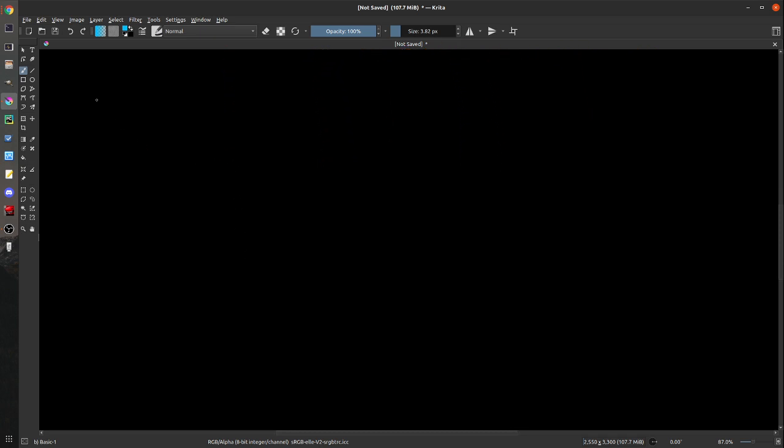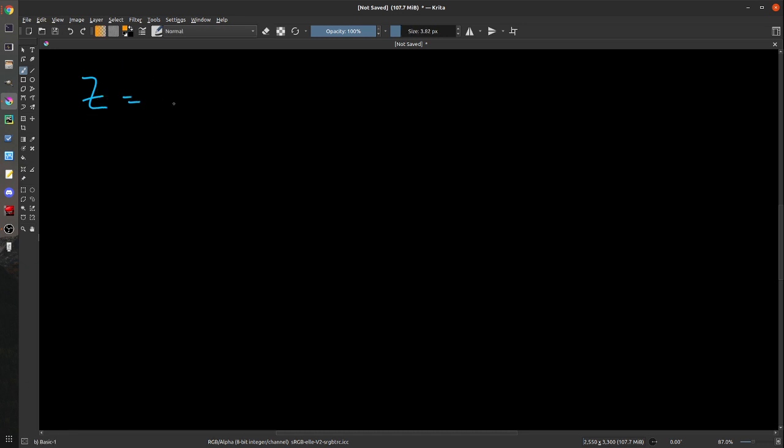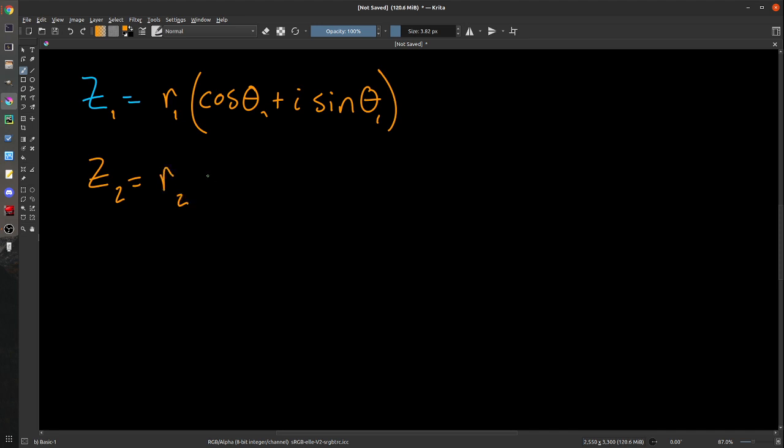One thing that's nice about looking at a complex number z in terms of this polar representation of r cosine theta plus i sine theta is that if we have, say, z1, and I'll put ones on everything, and let's look at z2, this will make it really clear what's actually going on when you multiply complex numbers together.